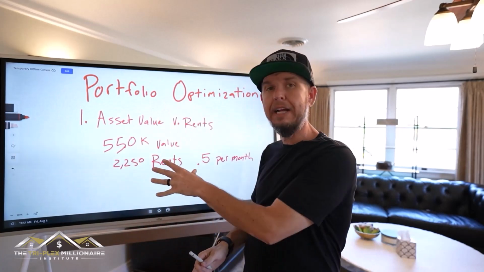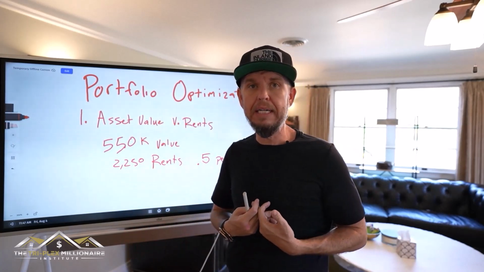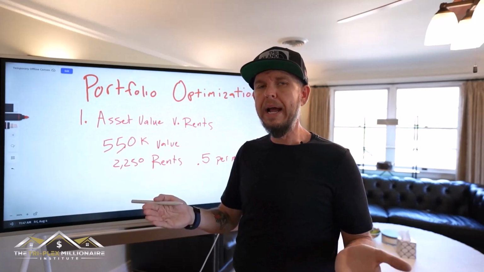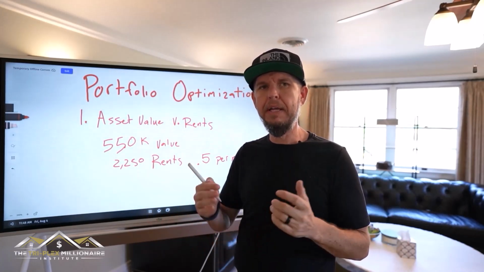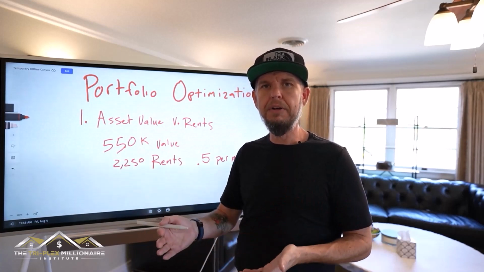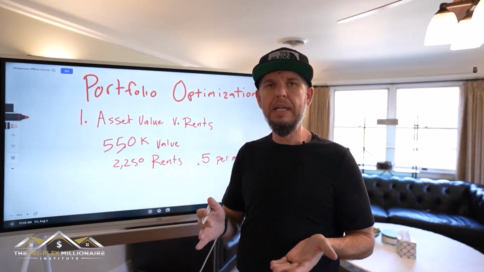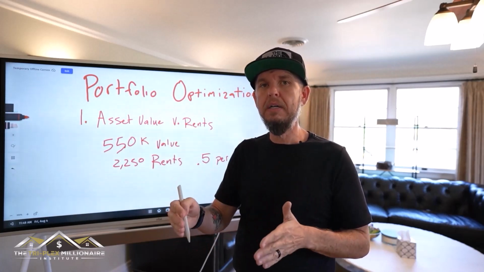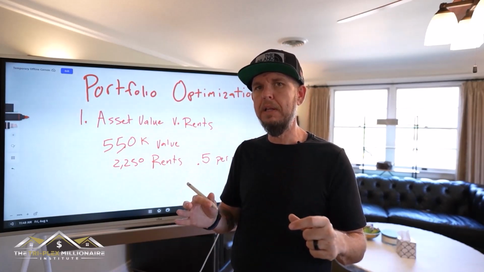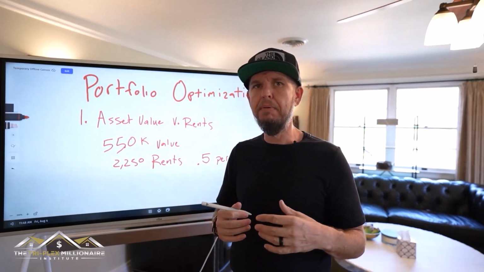That's a pretty common number that we see in our market today. When I look at this, I'm able to say, okay, you're getting 0.5% per month in rents versus your value. That gives us a pretty good indicator of whether we can help you from a cash flow basis or not.